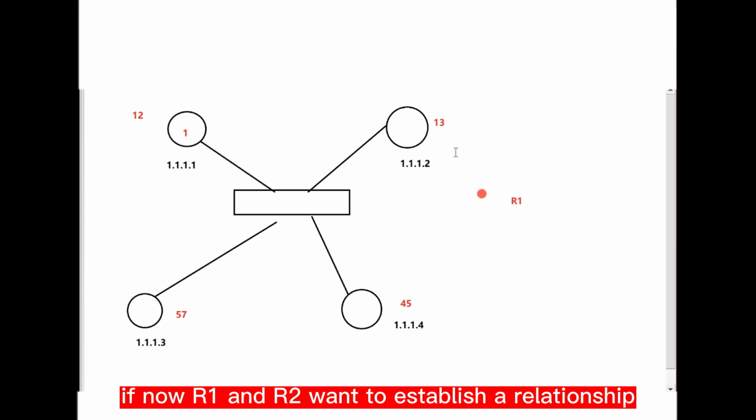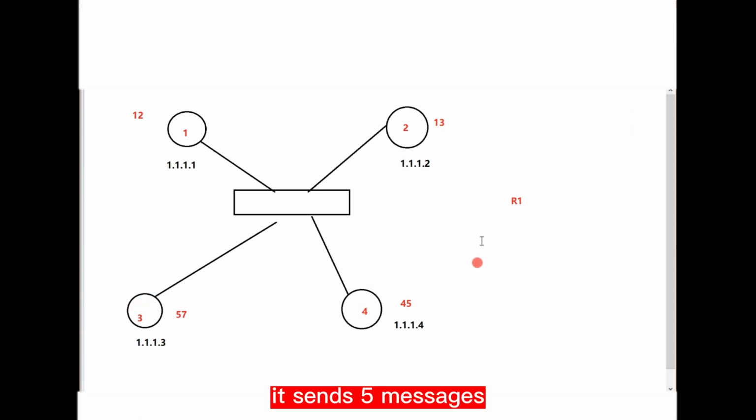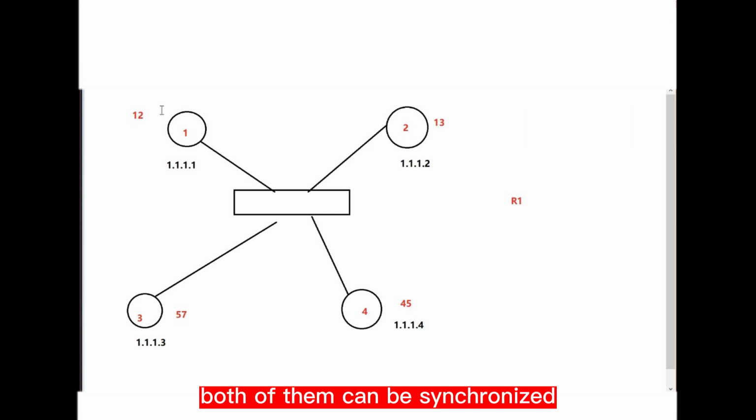If now R1 and R2 want to establish a relationship, how many times do you want to exchange messages? It sends 5 messages, respectively Hello, DD, LSR, LSU, LSAck. Both of them can be synchronized.